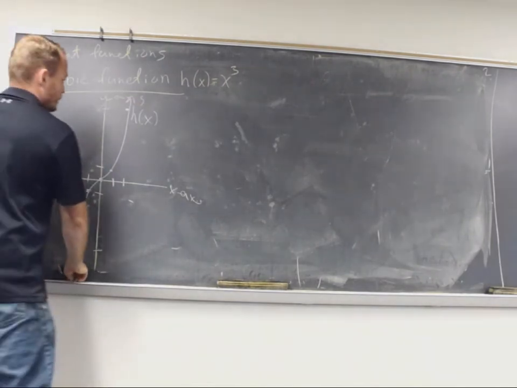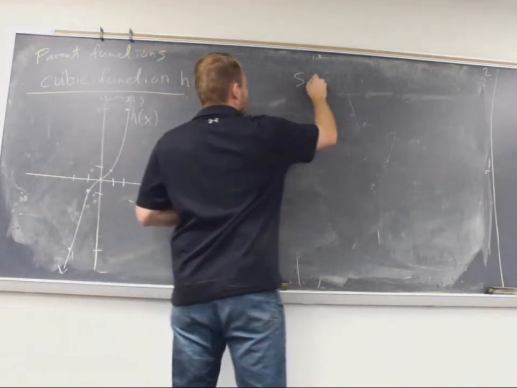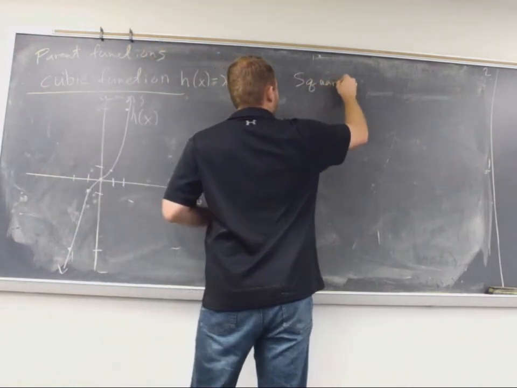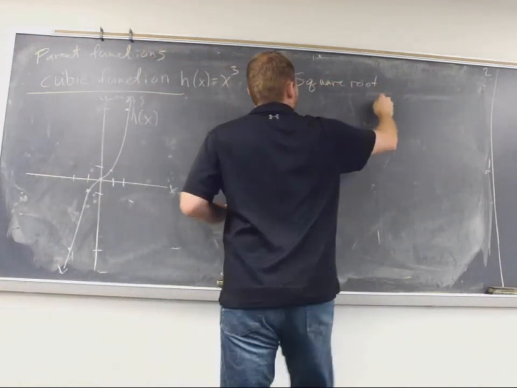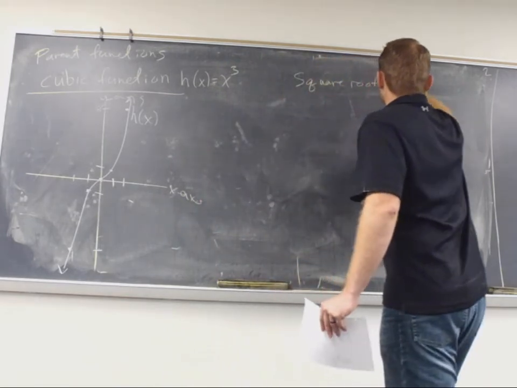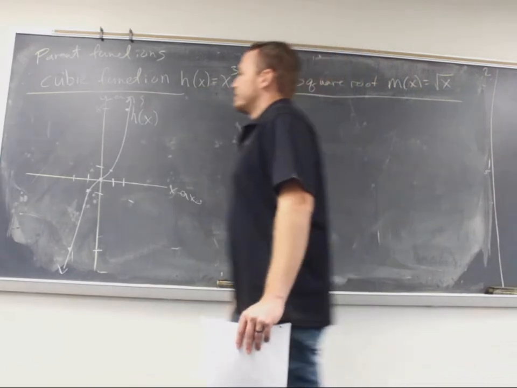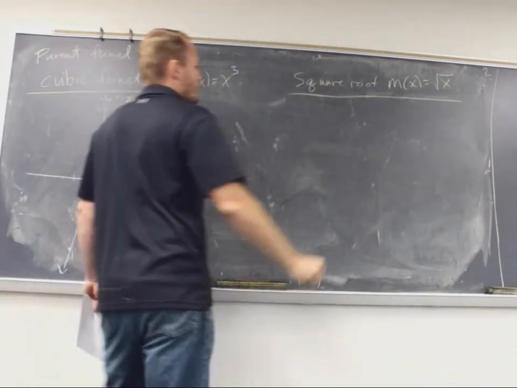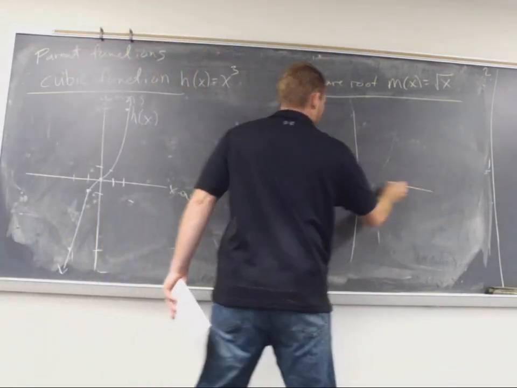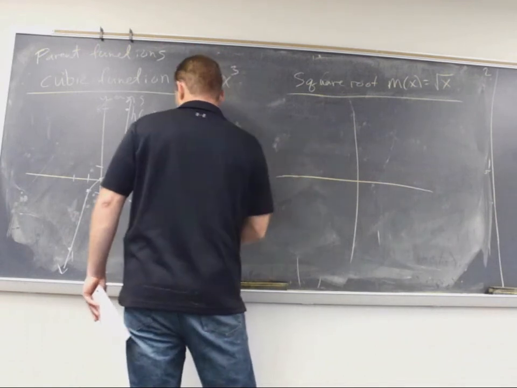Next is the square root, which we'll label as m. That's equal to the square root of x. I have my x and y axis here.